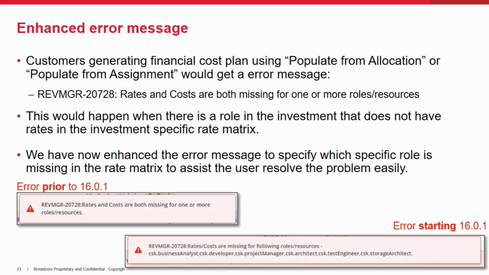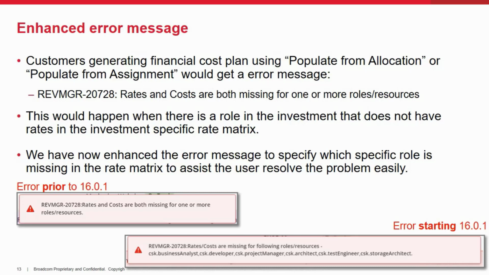As part of this release, we have also enhanced the error message related to the cost plan not being generated because the rate matrix that was selected does not have the correct roles defined. In a prior release, in certain situations, the error message we would display was "rates and cost are both missing for one or more roles."